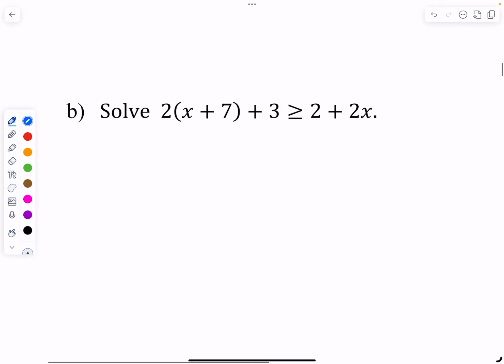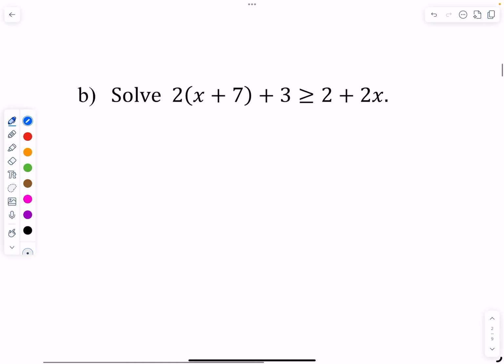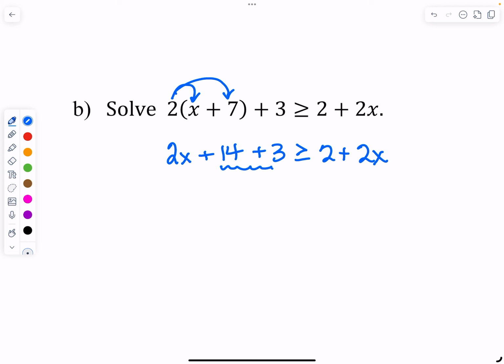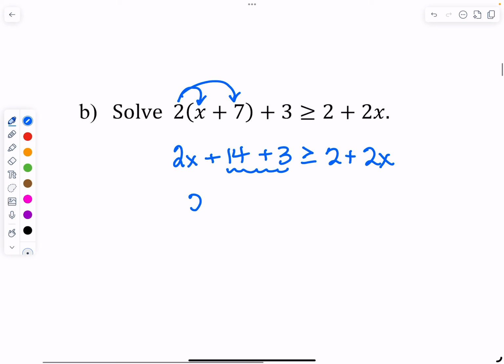All right, regular old Algebra 1 problem, except I have an inequality, so I'm going to distribute my 2x. So I get 2x plus 14 plus 3 is greater than 2 plus 2x. All right, now I'm going to simplify. I'm going to get my regular old numbers together, combine like terms.